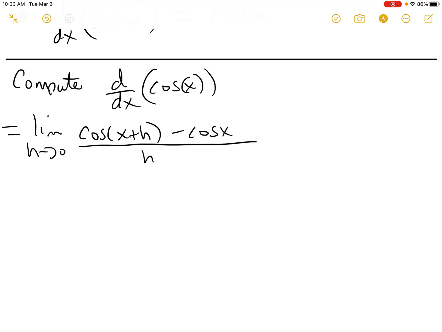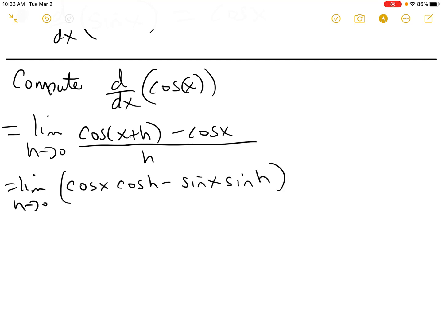This looks very, very similar to the last proof. It's a little tweak. Cosine x plus h has this identity: cosine x cosine h minus sine x sine h minus cosine x all over h.